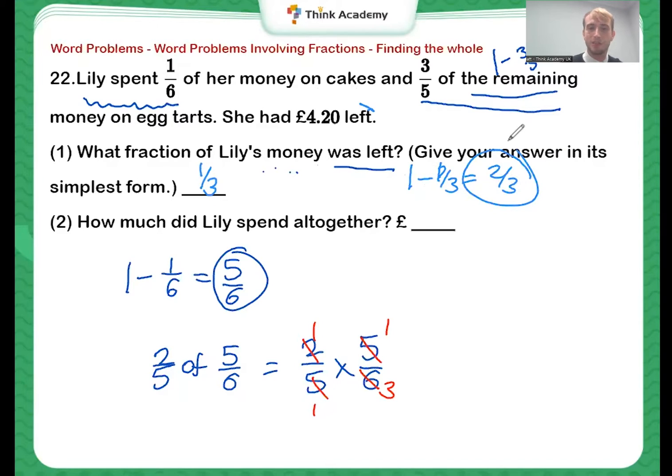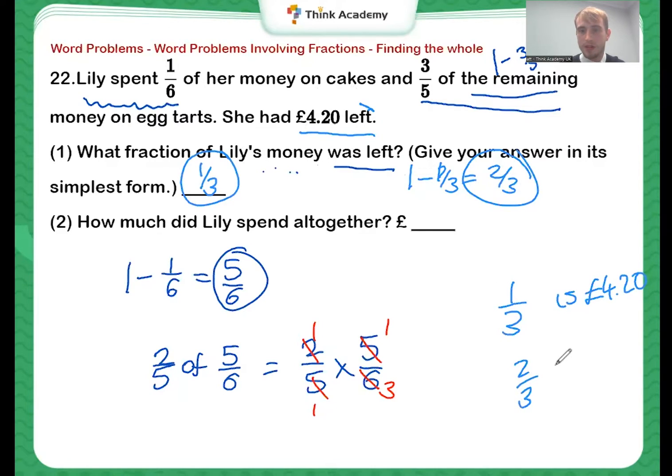I don't know how much she started with. But I know that 1/3 is how much she had left, and that is represented by the £4.20. So if 1/3 of the money is £4.20, then you can find 2/3 by doubling it. So 2/3 is going to be 2 times 1/3, so we're going to have £8.40 for that one. Okay, that's how to solve that question.